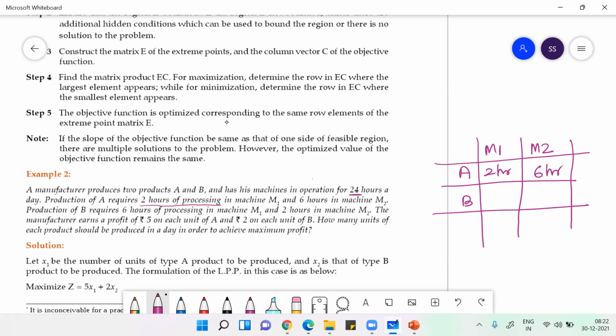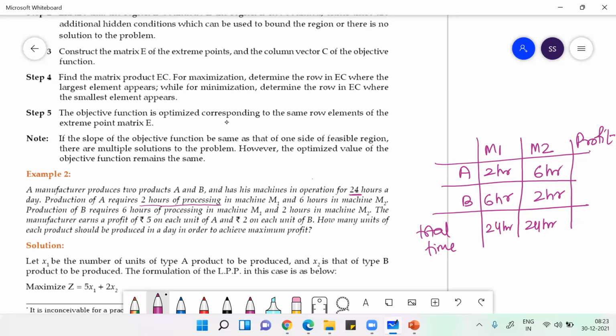And B requires 6 hours of processing in machine 1 and 2 hours of processing in machine 2. The total time you can use the first machine is 24 hours, the second machine also 24 hours.